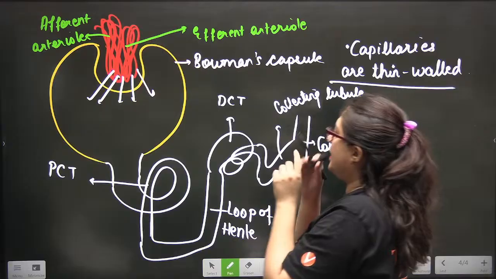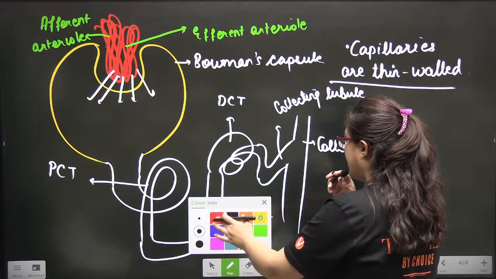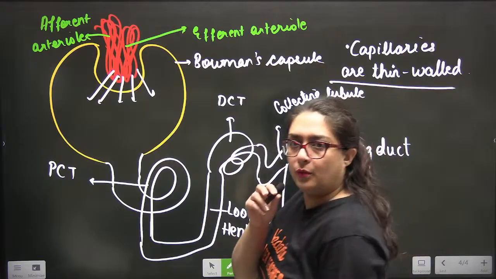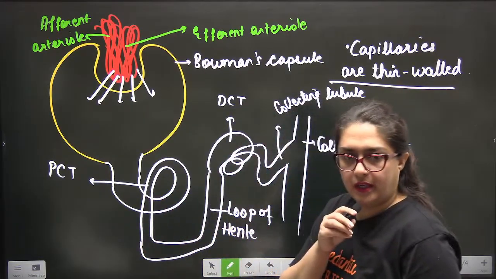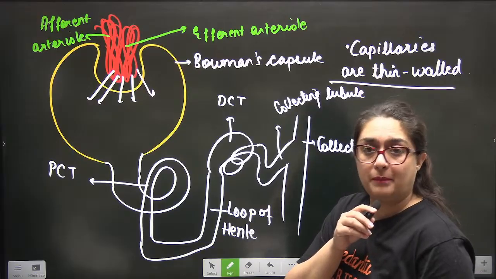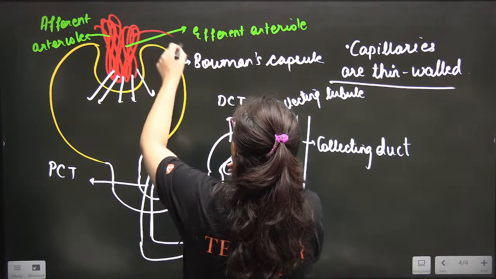Now this afferent arteriole will create a network around the tubules, the PTC, with which these tubules do reabsorption and secretion. Peritubular capillary network. It will go like this and like this.